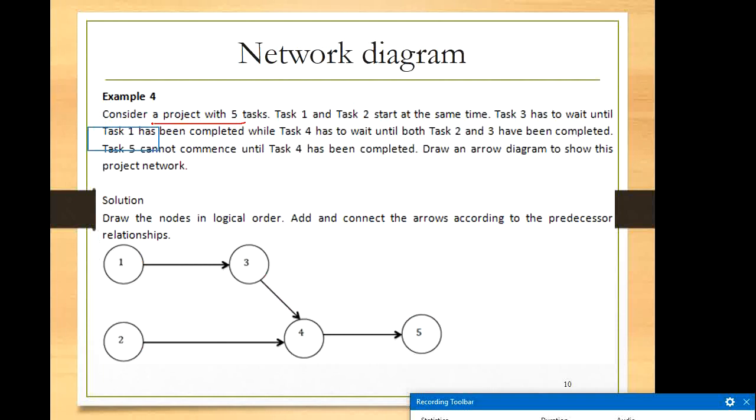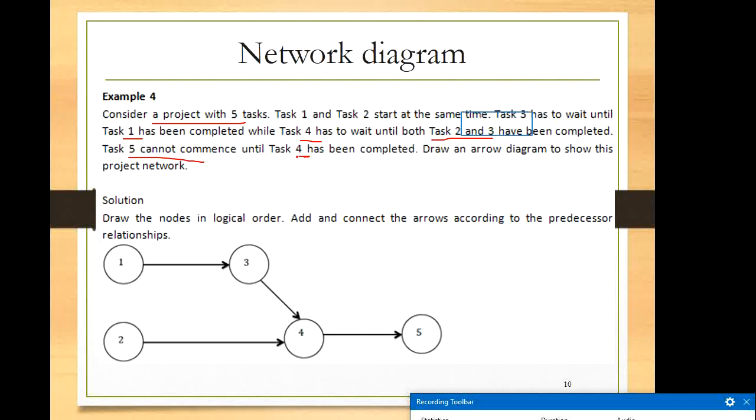Consider a project with 5 tasks. Task 1 and 2 start at the same time. Task 3 has to wait until task 1 has been completed, while task 4 has to wait until both 2 and 3 have been completed. Task 5 cannot commence until task 4 has been completed.